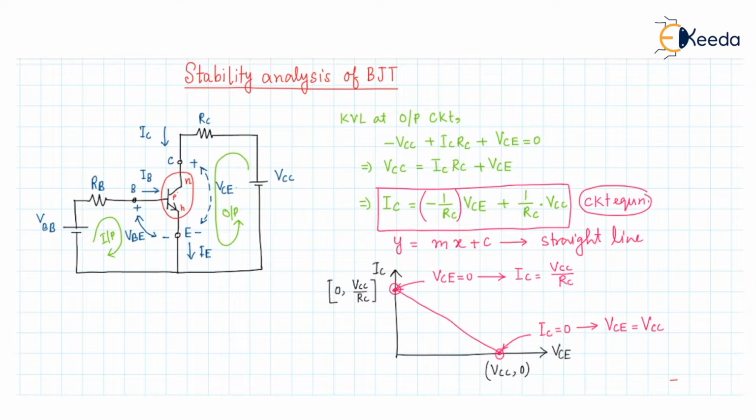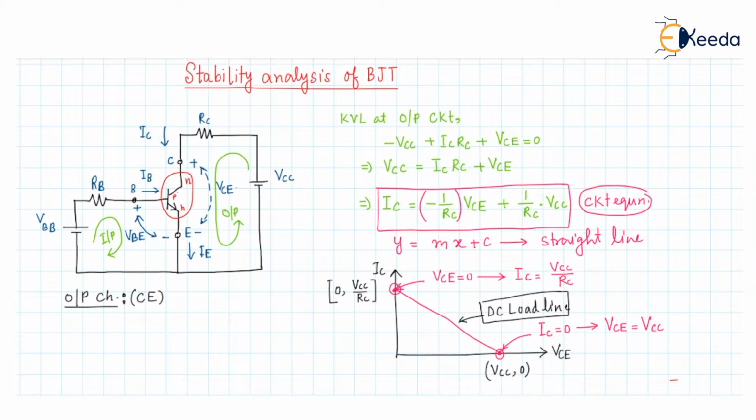This line is referred to as the DC load line of the bipolar junction transistor. This is the DC load line of the bipolar junction transistor. We also know the output characteristics of the bipolar junction transistor connected in the common emitter mode.